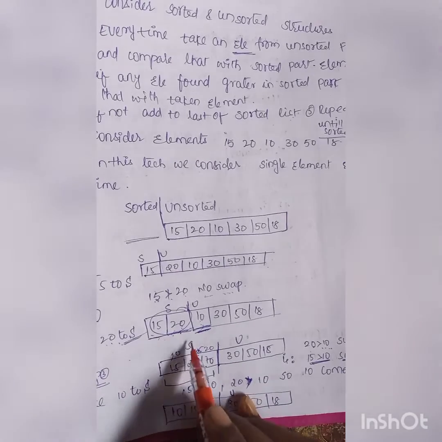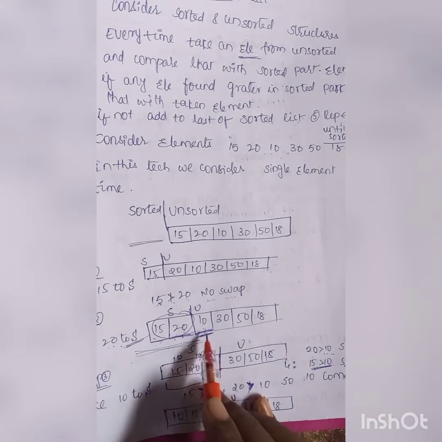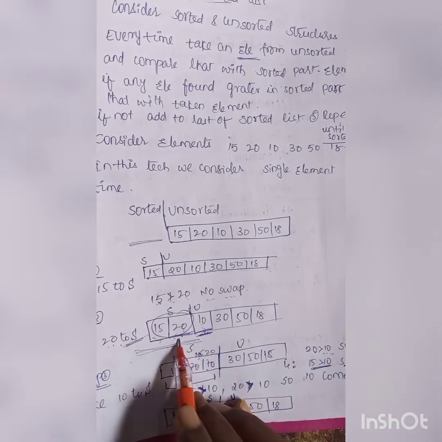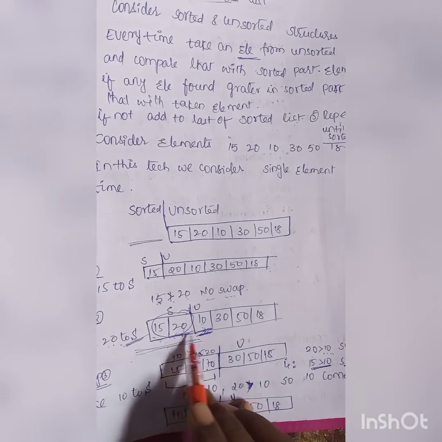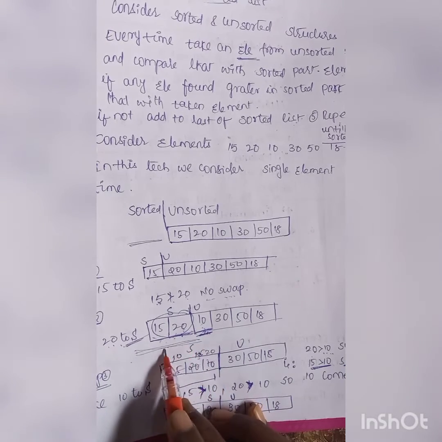However many elements you have in the sorted part, that many times the new element must be compared. If anywhere the sorted part element is found greater than the new element, you must swap. Otherwise, you are not supposed to swap and continue the process. Clear? So after step 3, what do we have? Elements 10, 15, 20, 30, 50 and 18.